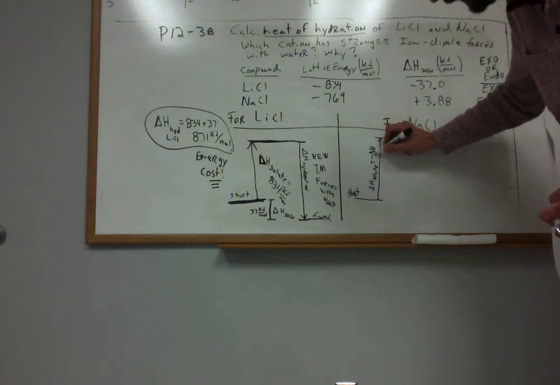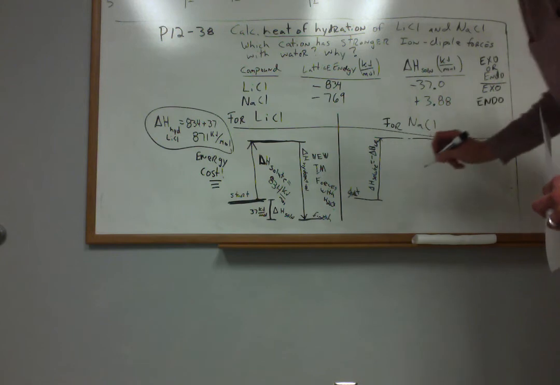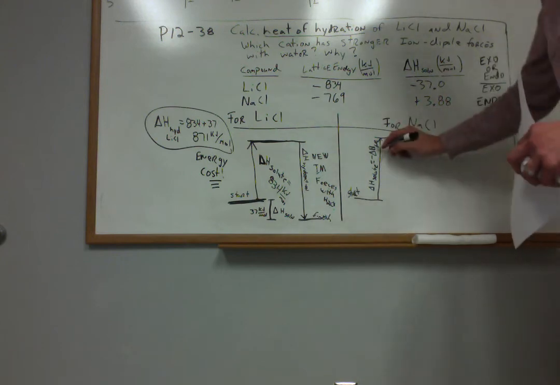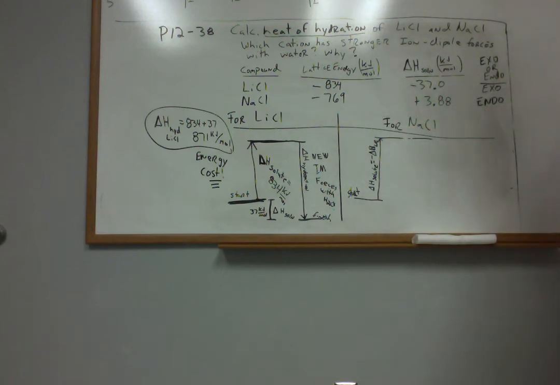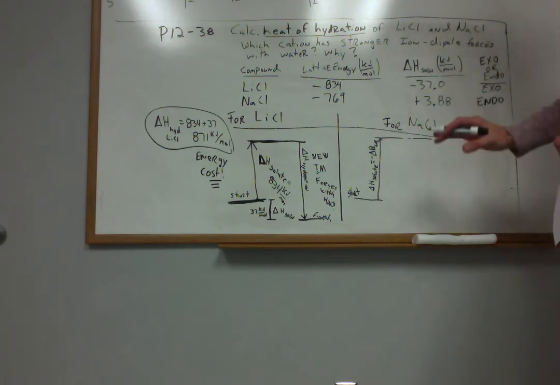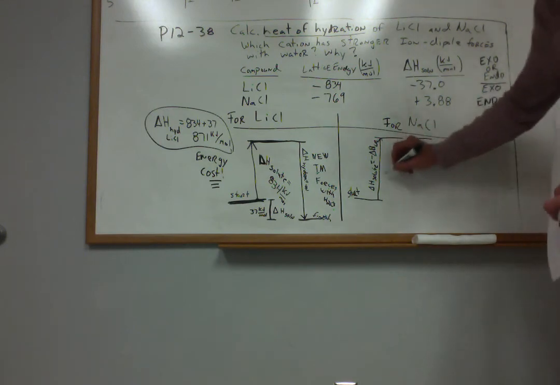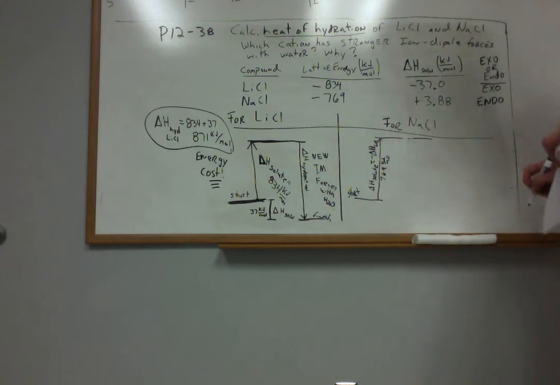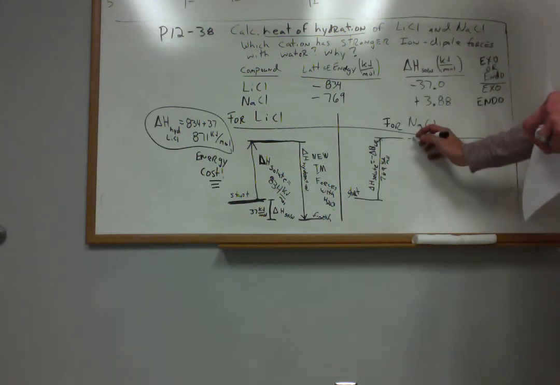So this is delta H LE, which stands for the lattice energy. It's not a very good H, but it's supposed to be an H. So it's -1 times the lattice energy. For NaCl, that corresponds to 769 kilojoules per mole. So not quite as large as it was for lithium chloride, but still a very formidable amount of energy.